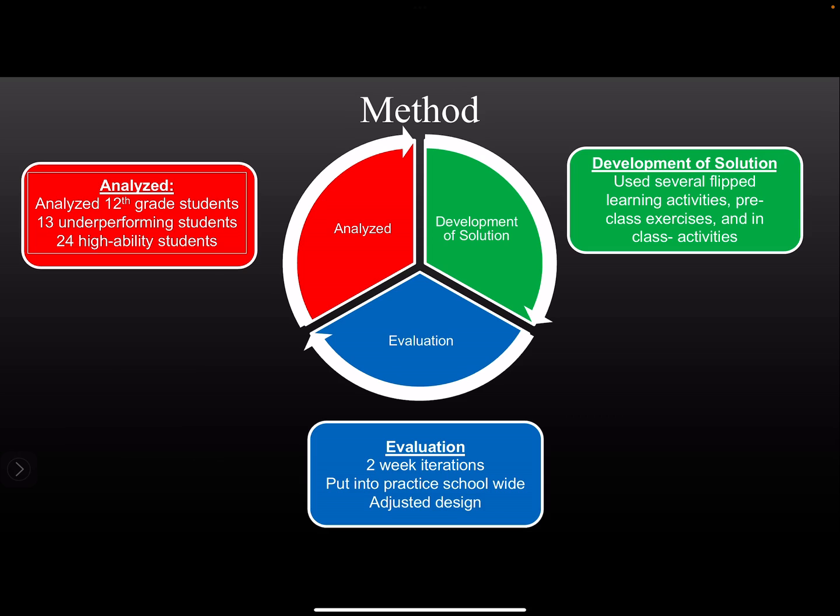So the initial results were that the lesson plans could not be one size fits all. It was too difficult for the underachieving students, and it ended up being too easy for the high ability students.